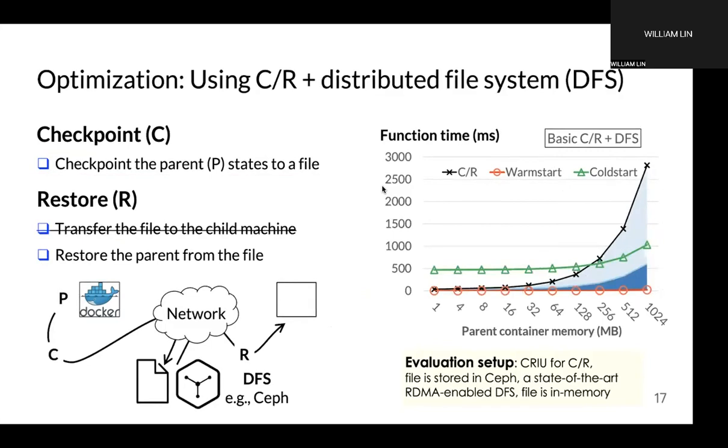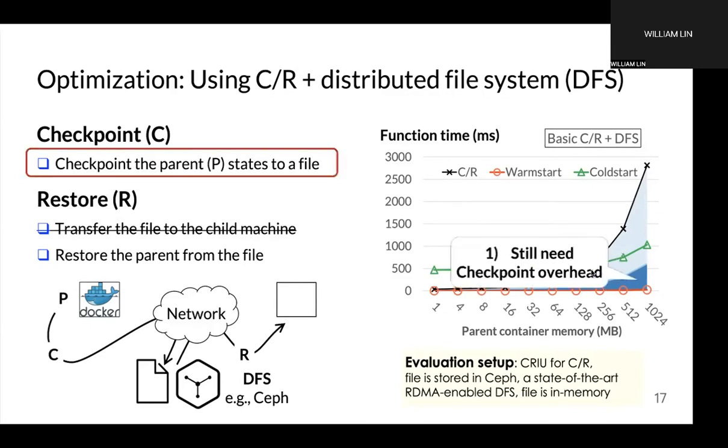So to address the file transfer issue, we can checkpoint and restore the file from a distributed file system. As we can see, when using a distributed file system, it can reduce the file transfer overhead in the restore phase because we can access it through file system calls provided by the DFS. However, this optimization still has two problems.